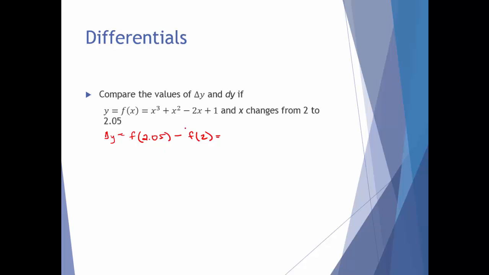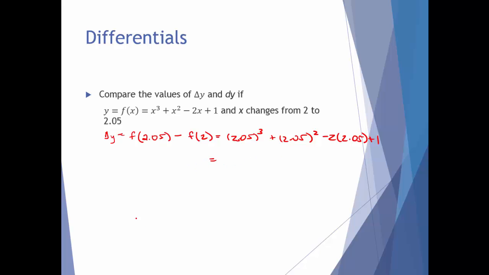That's literally just using the original function. Remember, this is the change in y for the actual curve, not an approximation. So we take 2.05 cubed, plus 2.05 squared, minus 2 times 2.05, and add 1.